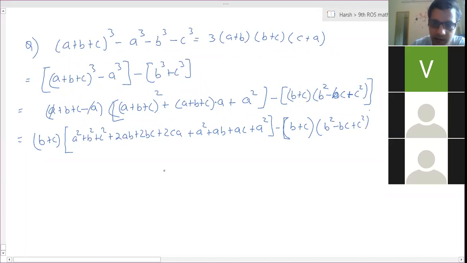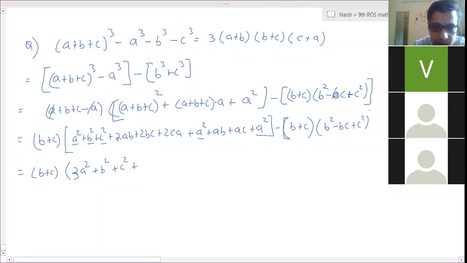Now we can add the like terms. A square plus A square plus A square, so 3A square. Then there is no B square, no C square.